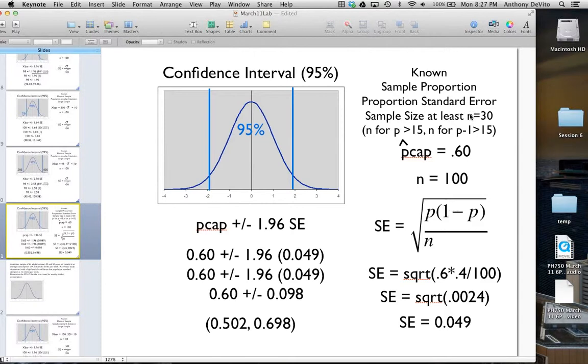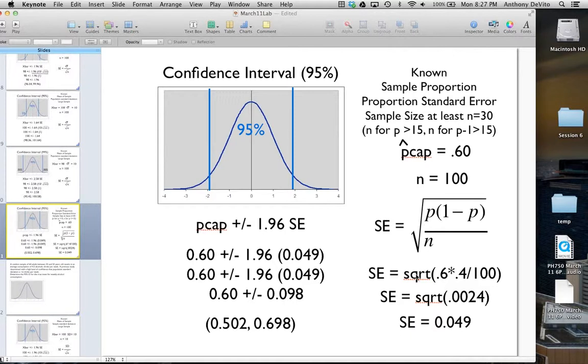So we want a sample of at least 30 people, meaning at least 15 in each group. So in this particular group, since P cap is 60%, that's 60 out of 100. 1 minus P, that's a little bit backwards, 1 minus P is 40, because 60 had the condition, 40 didn't. So in both cases, they're over 15, and added together, they exceed 30. So we can go ahead and use this calculation for standard error.